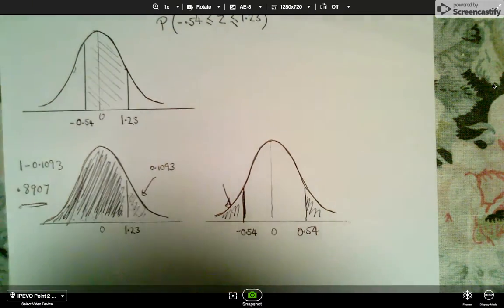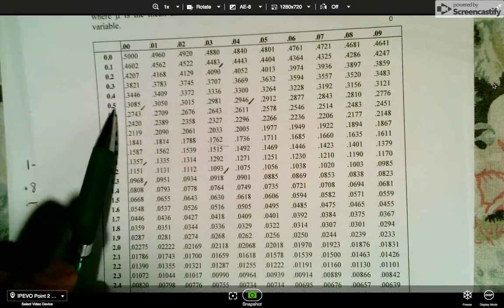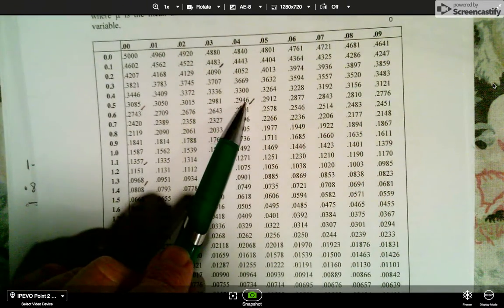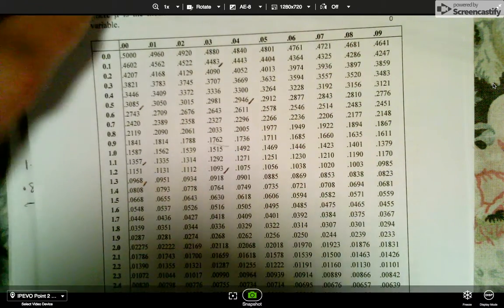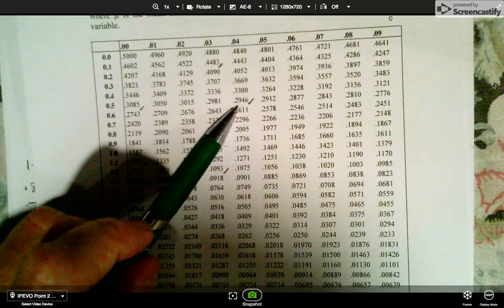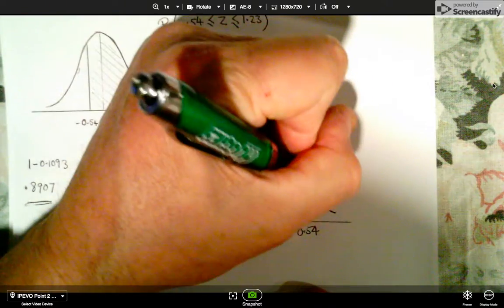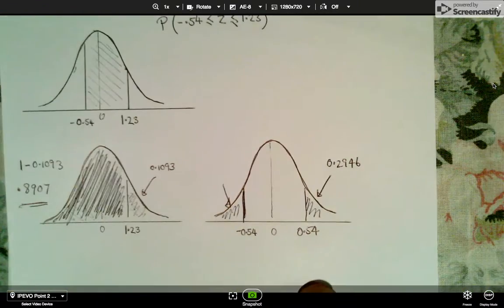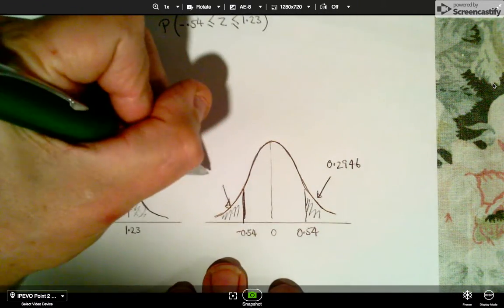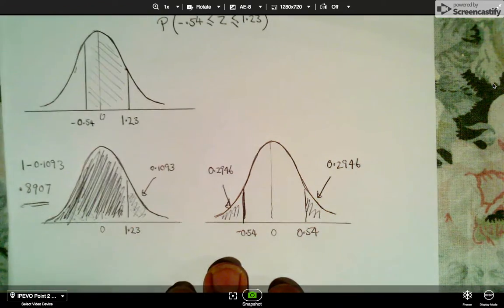And again, we can look at the table, 0.5 and across to 0.04. So this is 0.54, 0.2946. So this side is exactly the same, 0.2946.